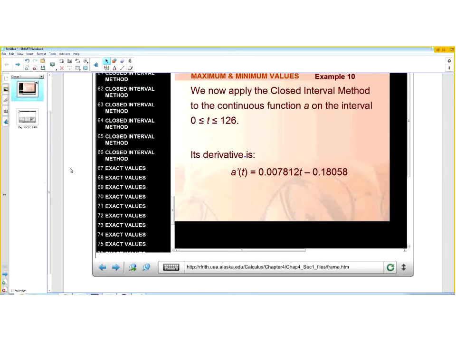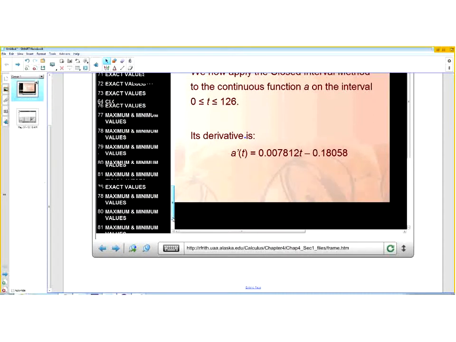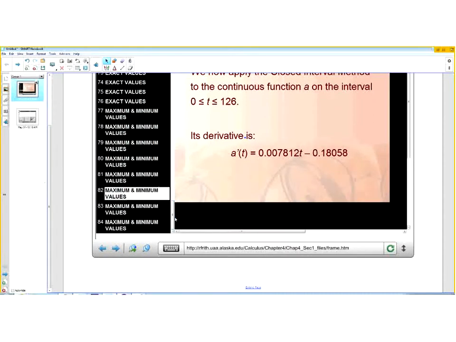Okay, and so we apply the closed interval method on the interval 0 to 126, where the derivative of the acceleration function is shown here. The closed interval method means we need to find the value of the function at its endpoints and then at the critical numbers.